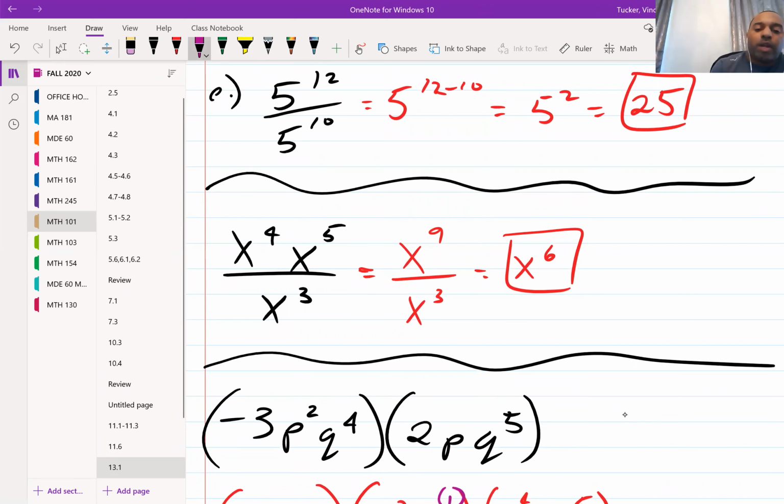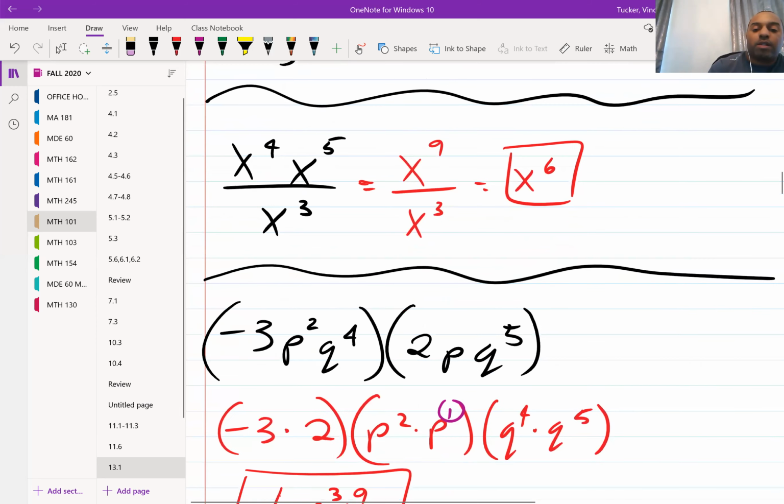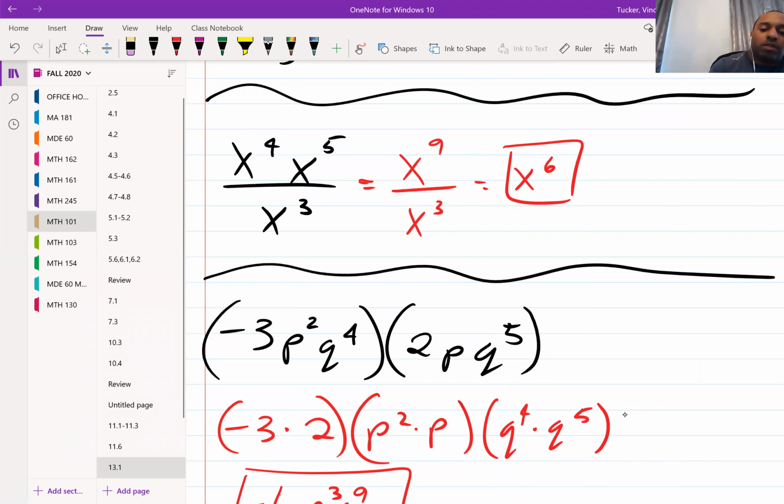All right, next one, we have negative 3p squared q to the 4th times 2p q to the 5th. So now we can break this up into 3 different multiplications. So we see we have negative 3 times 2. Then you have p squared times p. And then q to the 4th times q to the 5th. So you pretty much multiply like terms.